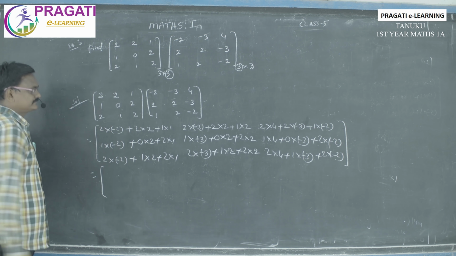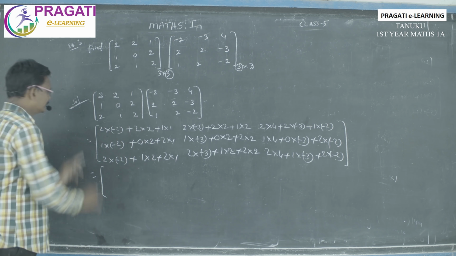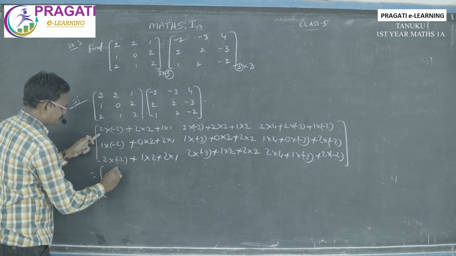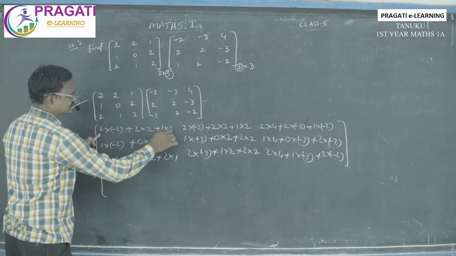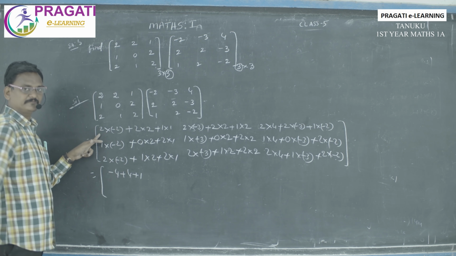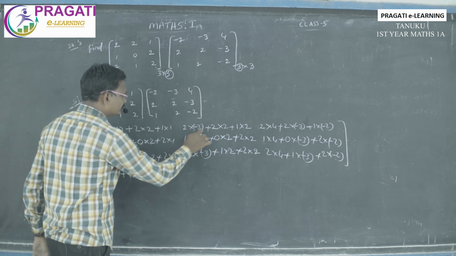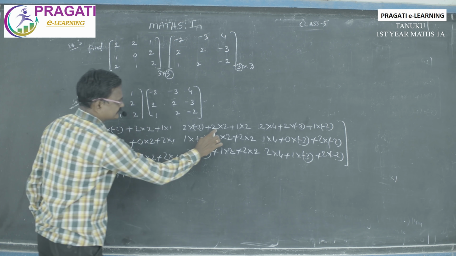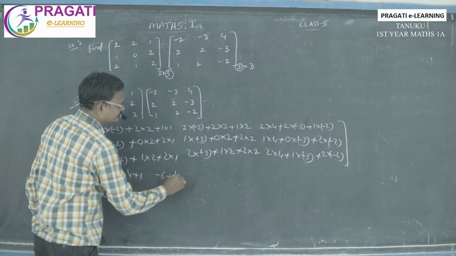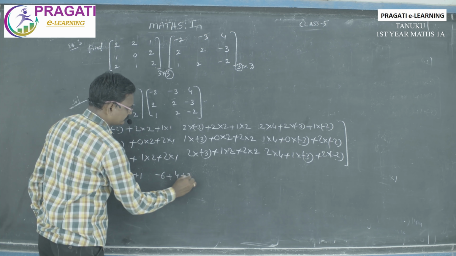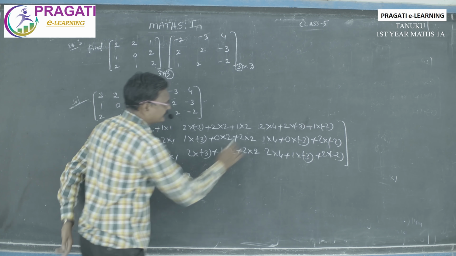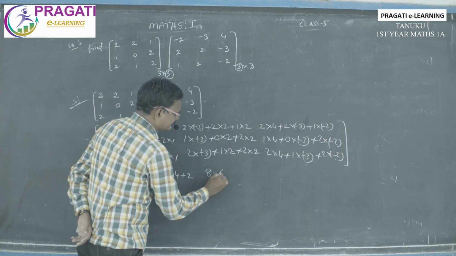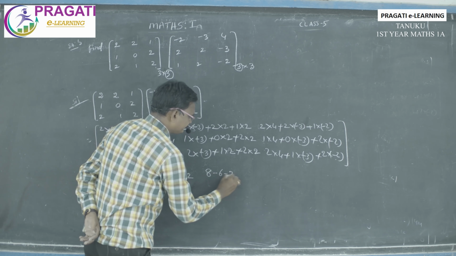Just here on was just a simplification only. 2 into minus 2, so minus 4, plus 2 into 2, plus 4, plus 1 into 1, that means plus 1. Next one is 2 into minus 3, minus 6, 2 into 2, plus 4, plus 1 into 2, plus 2. 2 into 4, 8, 2 into minus 3, minus 6, minus 2.